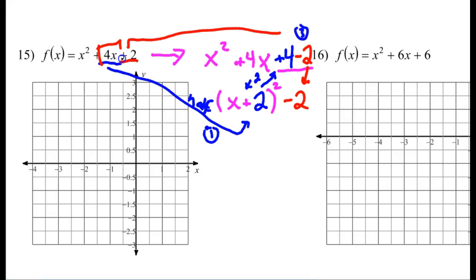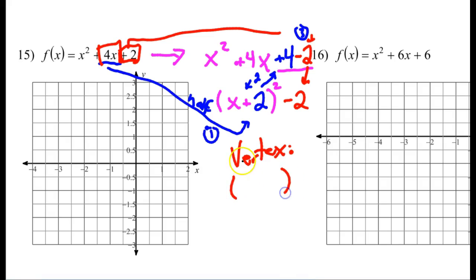Start off with the b value, take half of it, goes inside the parentheses, square it, goes up here, just like the front. That's what we did on the front. And then on the back here, we just said, okay, now get it equal to that number. So we had to pick the right number here to make it equal to 2, so 4 minus 2. And then just drop that same number down. That's the y-coordinate of the vertex. And please actually stipulate the vertex.